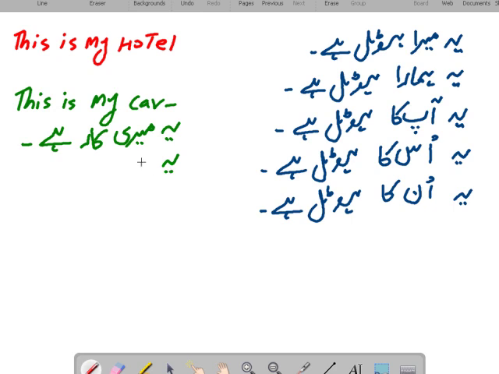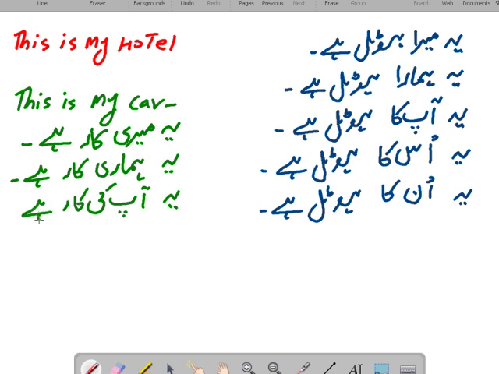ये हमारी कार है. This is our car. ये आपकी कार है. This is your car. ये उसकी कार है.